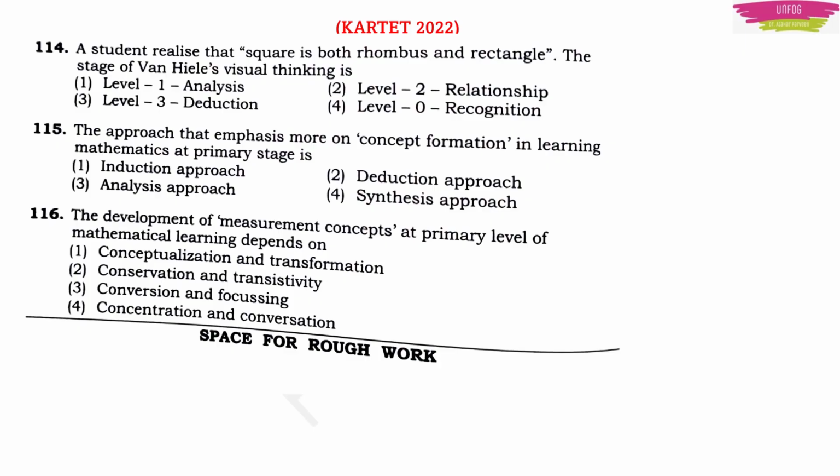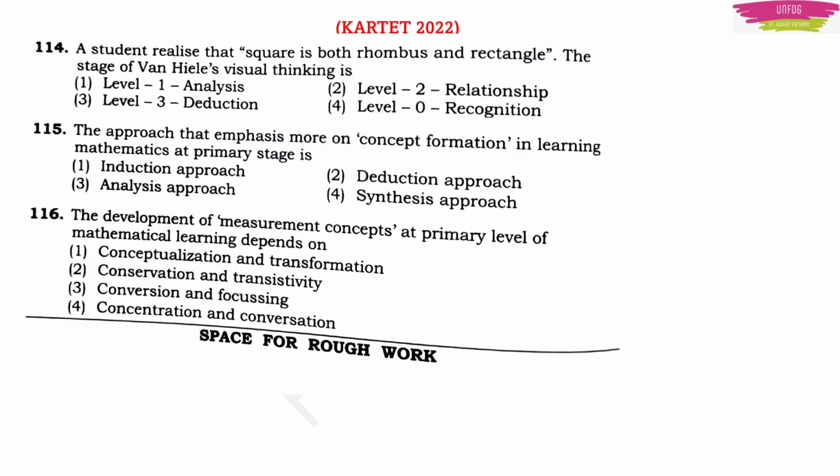Now let's discuss questions from Karnataka TET 2022. So the first maths pedagogy question from this question paper is actually question number 114. So the question is, a student realized that square is both rhombus and rectangle. The stage of Van Hiele's visual thinking is, options are level 1, level 2, level 3 and level 0.